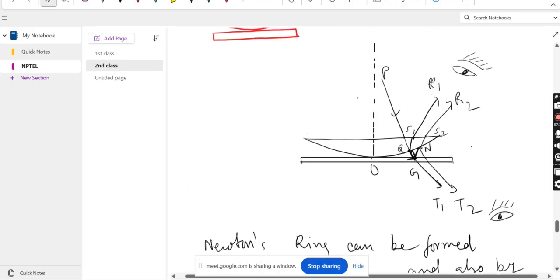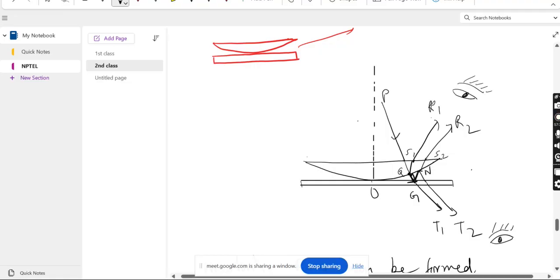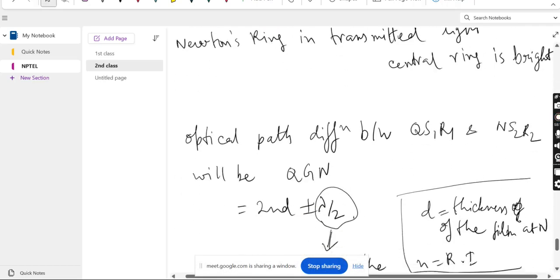You must be thinking that N is a fixed point, so how come it became one time 2ND plus minus lambda by 2, one time an even multiple of lambda by 2, and one time an odd multiple of lambda by 2? You need to remember that N is not a fixed point. N can be here, here, here, and here. We get fringes like this, and at every point D will also slightly change.